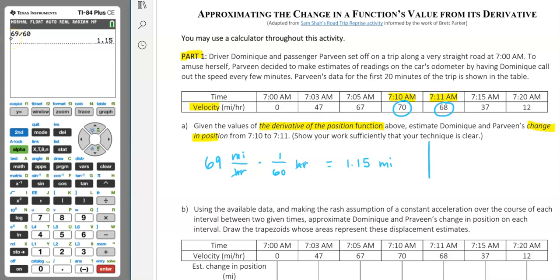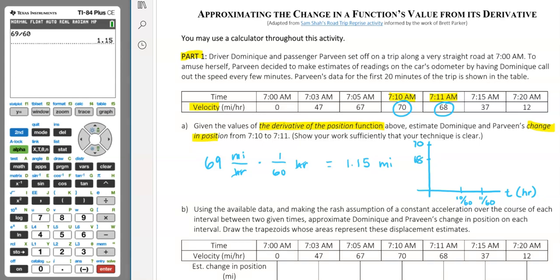So if we sketch a graph, let's say the horizontal axis is time since 7 o'clock in hours. So we're interested in 10/60ths of an hour after 7 o'clock to 11/60ths of an hour after 7 o'clock. And the speed at the beginning of that interval was 70, and at the end of that interval was 68.